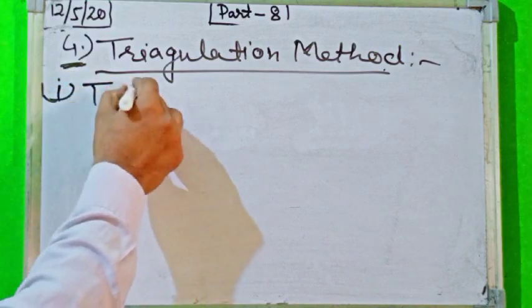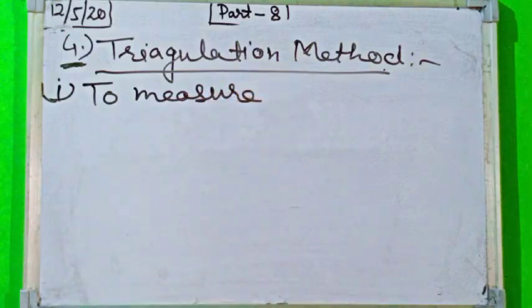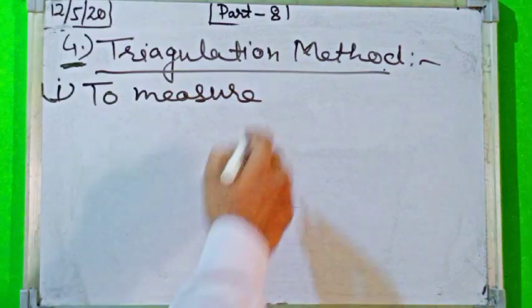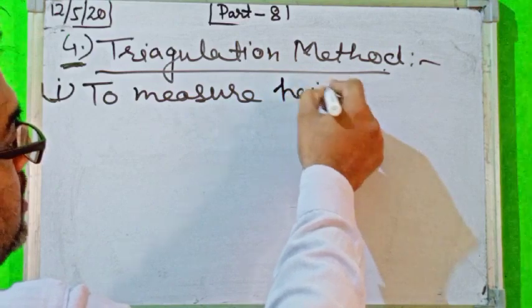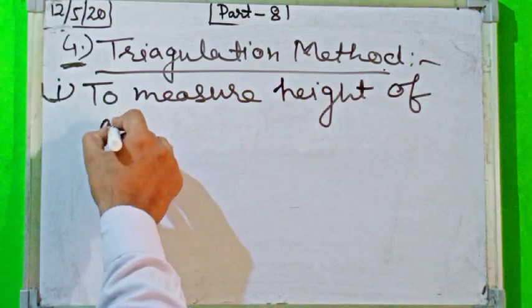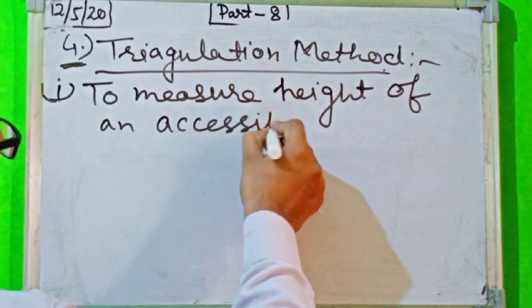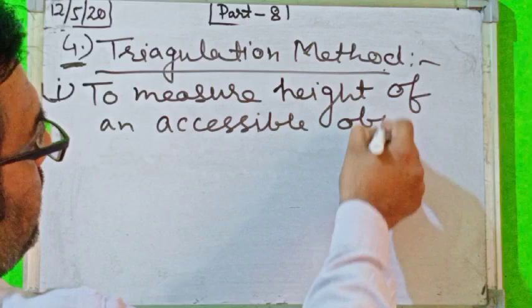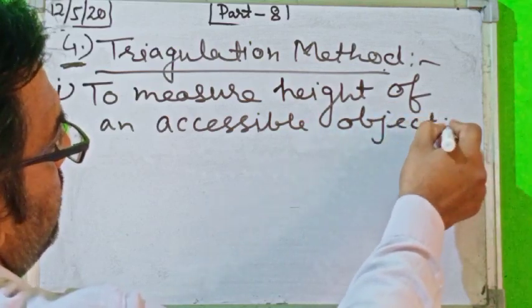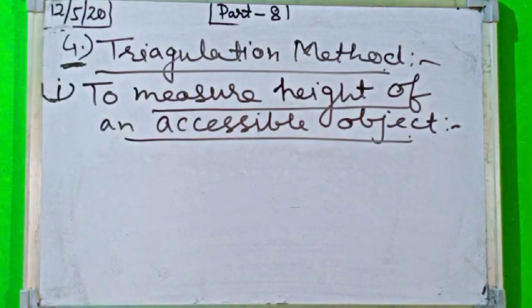So the first one is to measure the height of an accessible object.